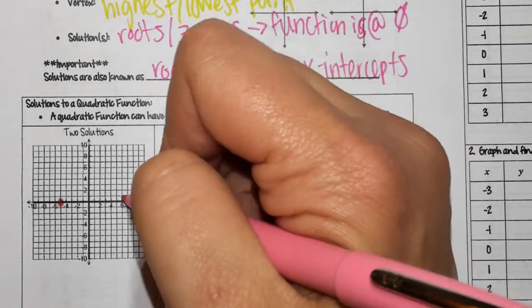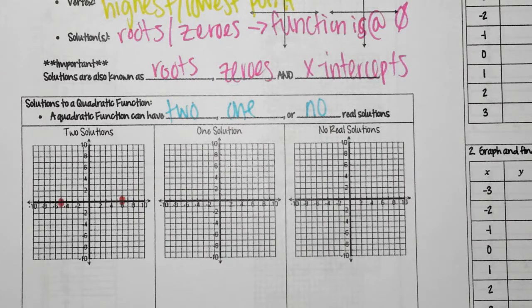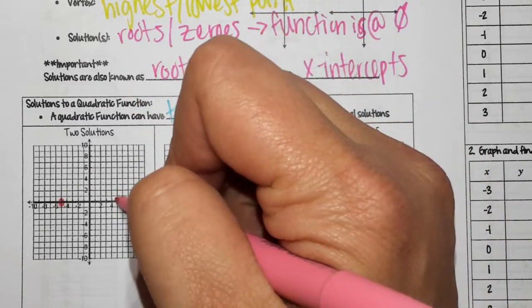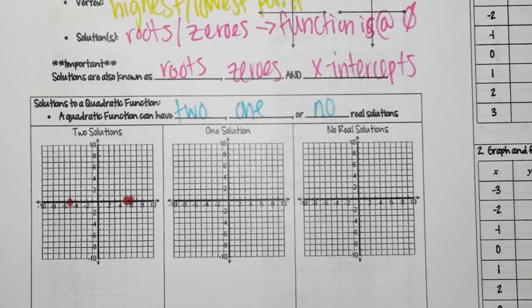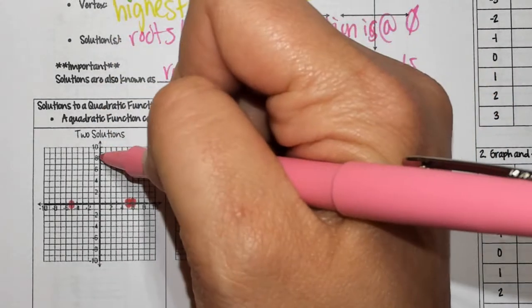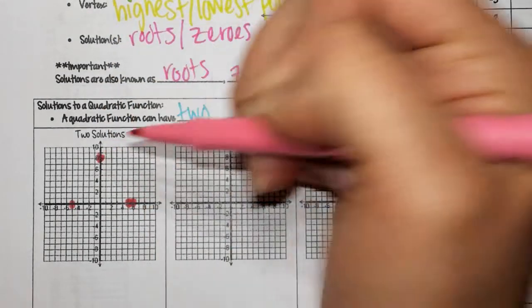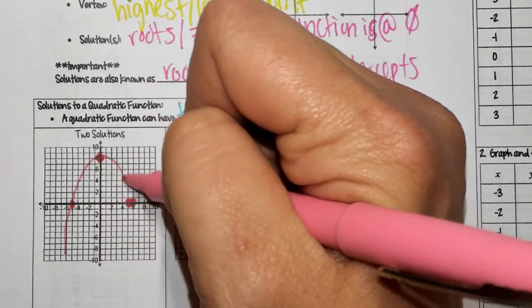I would like you to put another dot at 5 on the x-axis. 5 and -5. And I want you to put the vertex at +8 on the y-axis. And then draw a parabola.